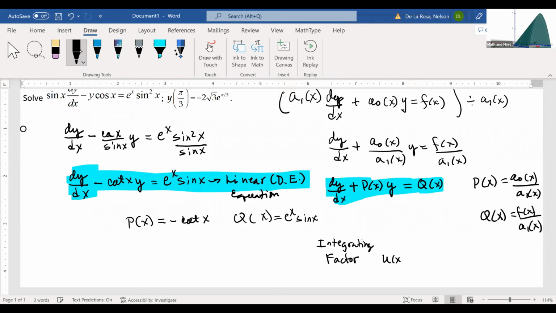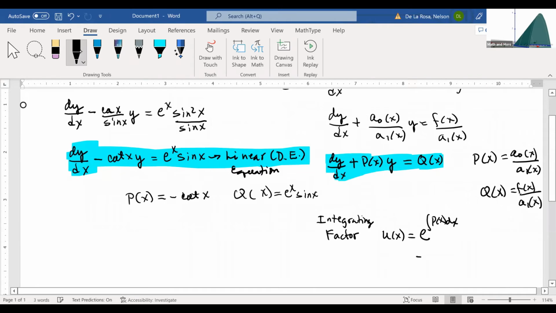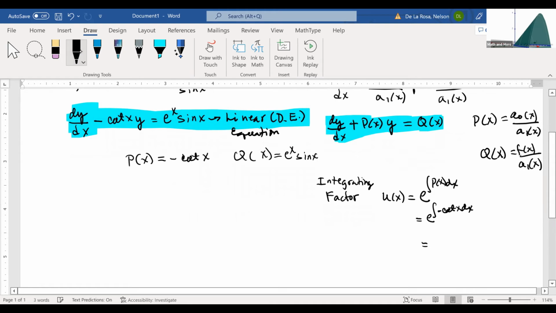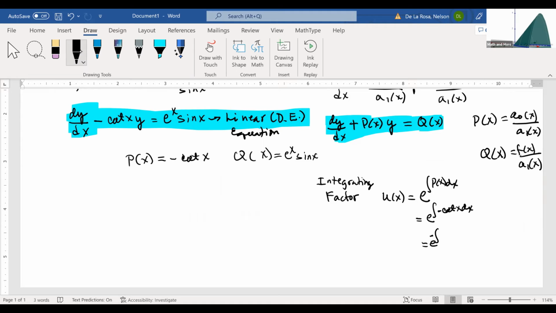The integrating factor u of x is e to the integral of p of x dx, which in this case is e to the integral of negative cotangent of x dx. So we can put the negative outside the integral, and then we have the integral of cosine of x over sine of x dx.